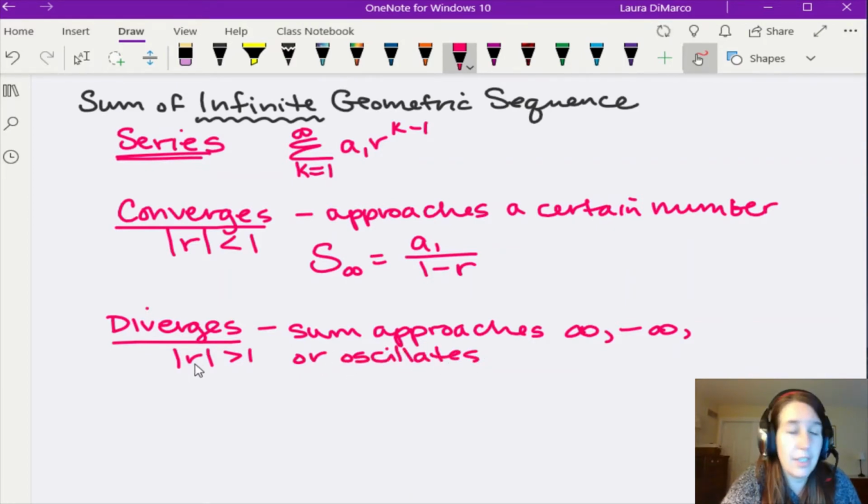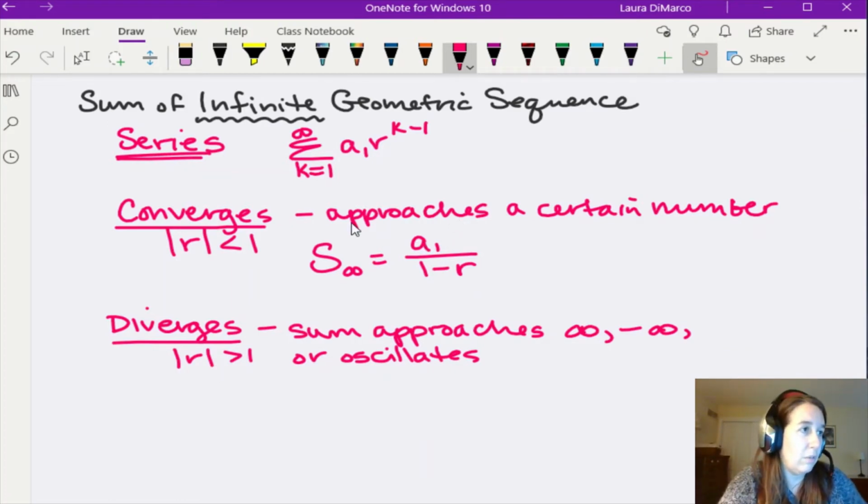So like, for example, if r was -2, then the sum would not really approach positive infinity or negative infinity, but would rather be going way big positive then way big negative and such.